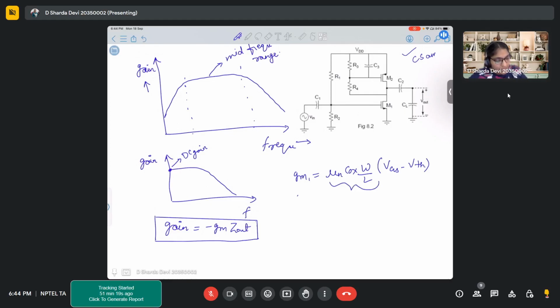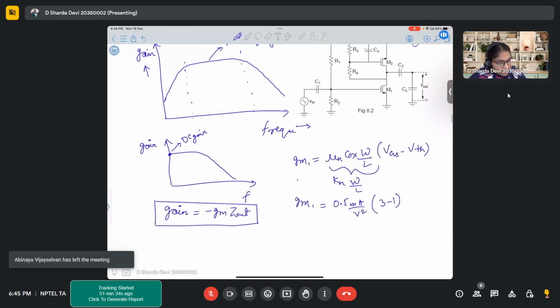This value is already given to us as mu Cox W by L, right? It was 0.5 milliamperes per volt squared, and the overdrive was 3 minus 1. So gm1 is 1 millisiemen.